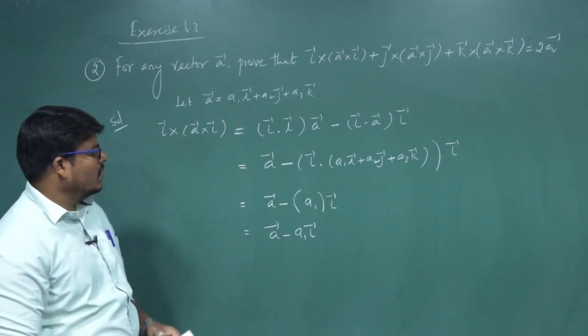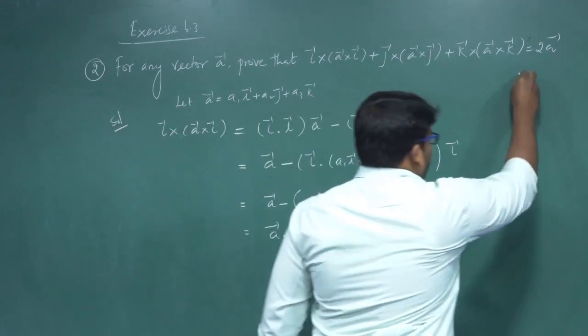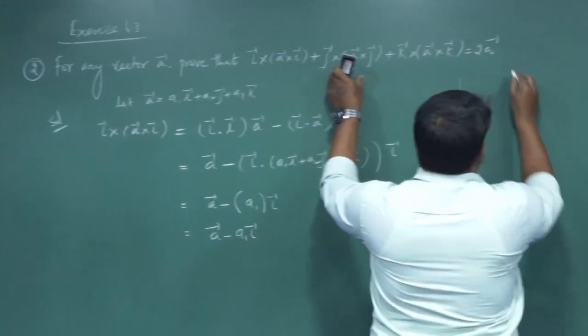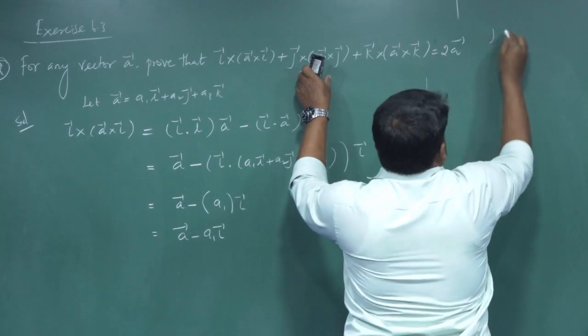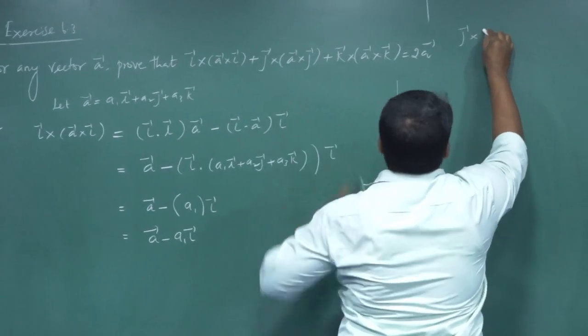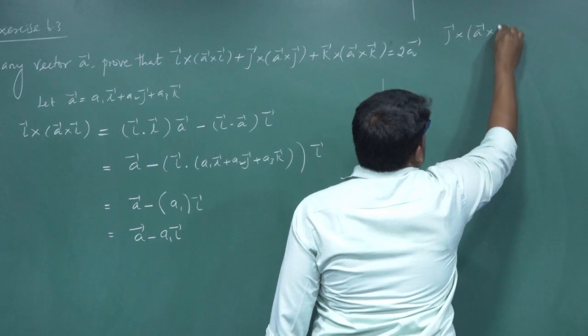The second one: j vector cross A vector cross j vector.